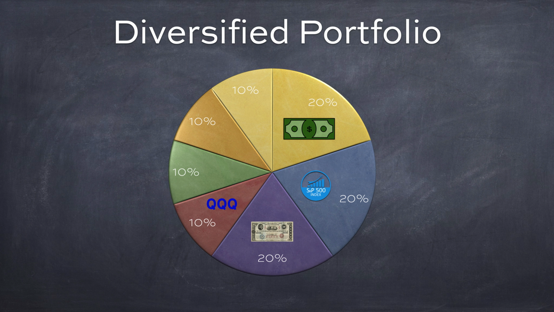You got 10% in the QQQ NASDAQ ETF. And then let's say you pick a few specific companies that you think are good bargains. You have 10% into Apple, and then 10% into Google, and 10% into Bitcoin. So this is an example of a diversified portfolio where the money is invested into a bunch of different categories, and these ones tend to be generally safer because if one asset goes really poorly, it doesn't just crush you.